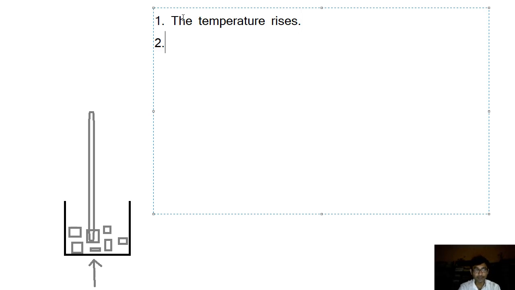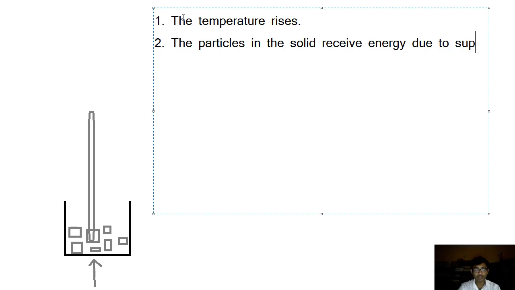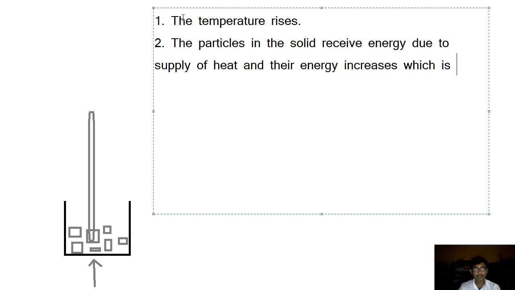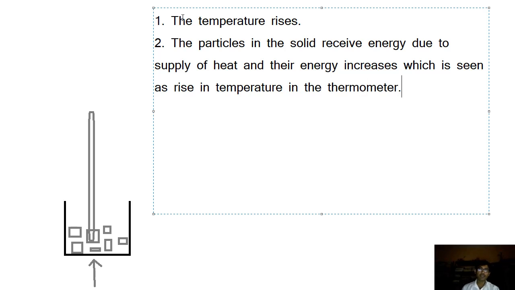The temperature rises because the particles in the solid receive energy due to supply of heat, and their energy increases, which is seen as rise in temperature in the thermometer.